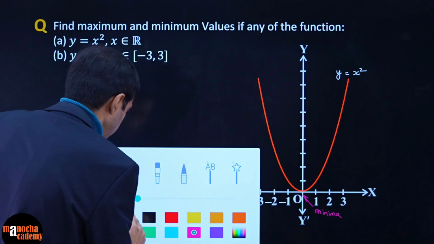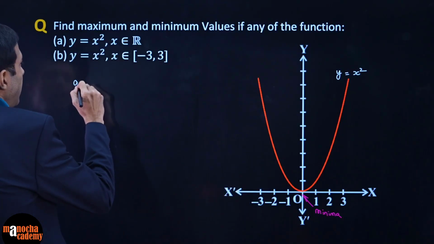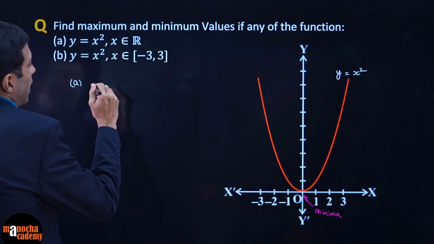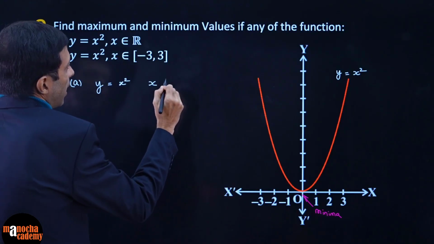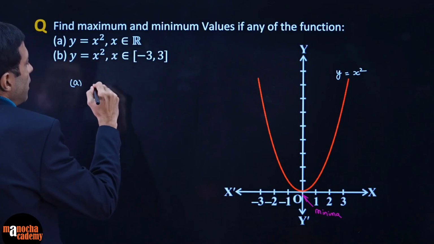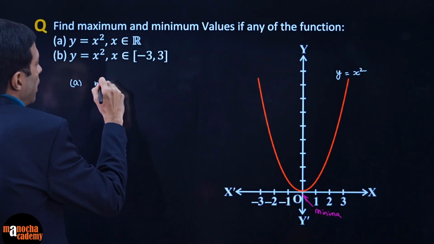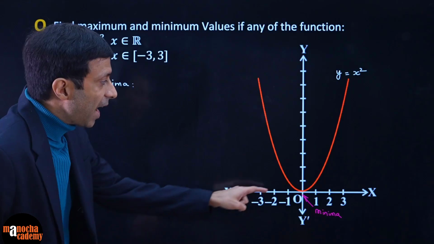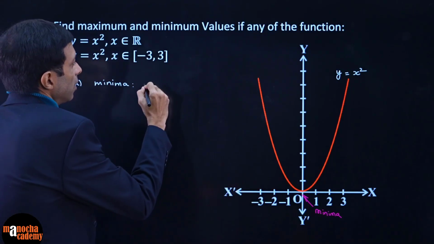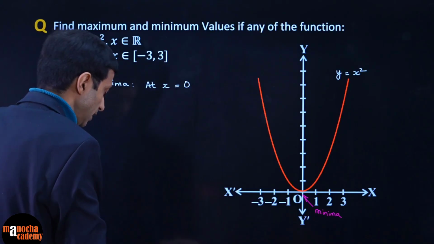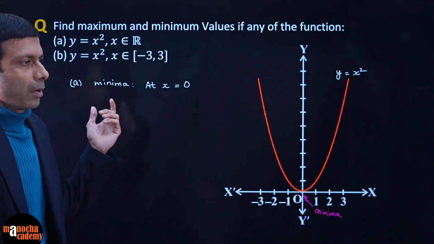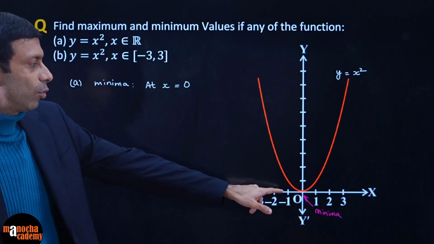So for part A, we can confidently write that for y equal to x square, where x belongs to R, the minima is going to be at x equal to 0. Do you guys agree? The minima is happening at x equal to 0.